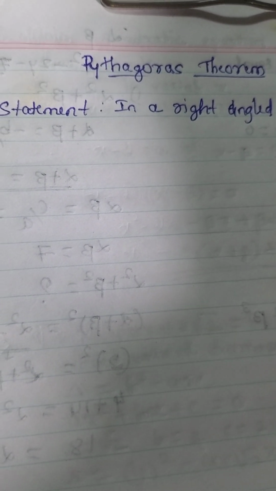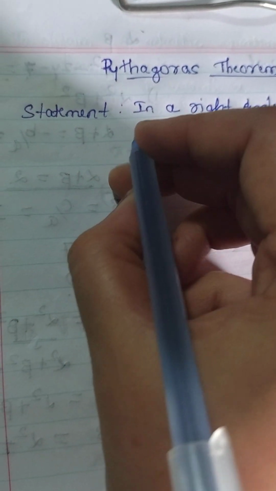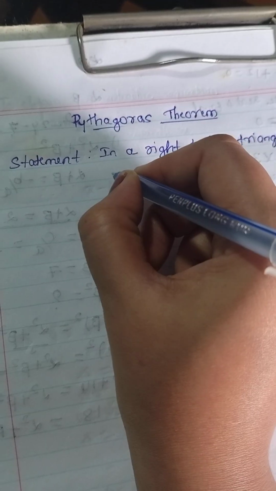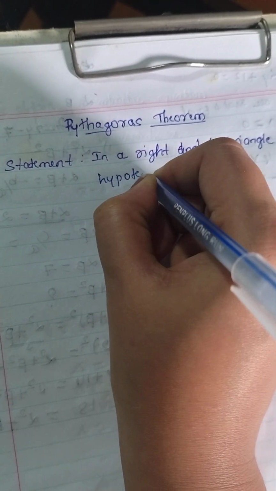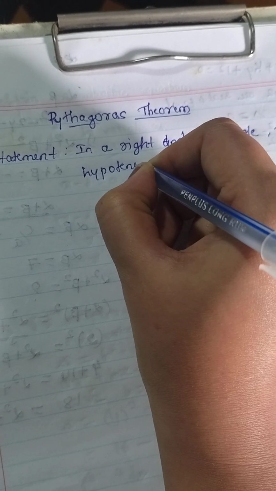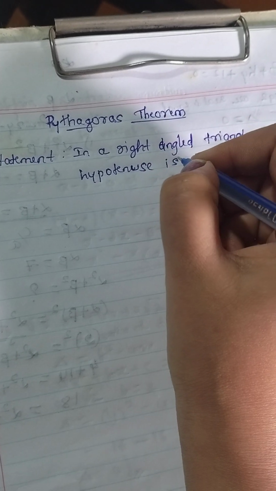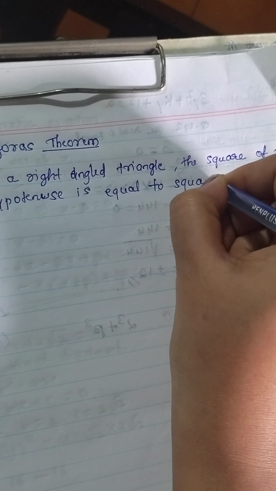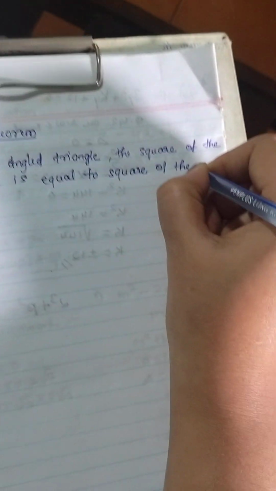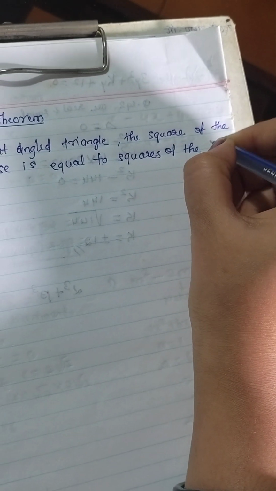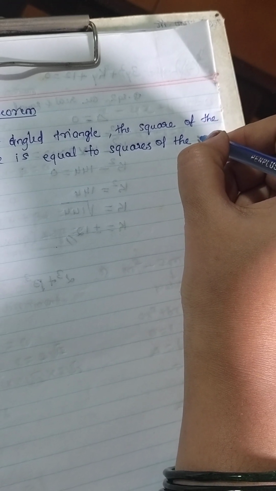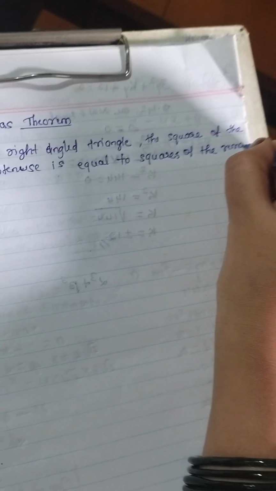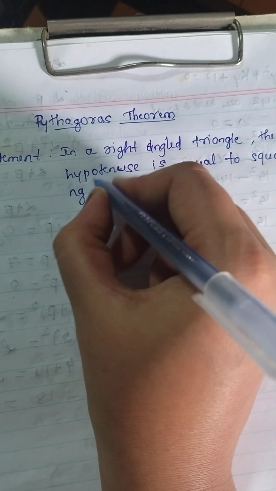the square of the hypotenuse is equal to the sum of the squares of the remaining sides.